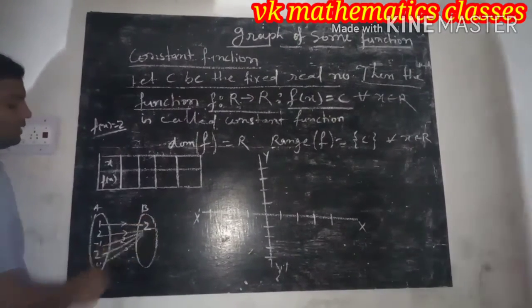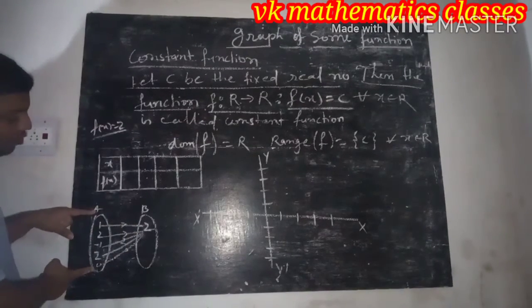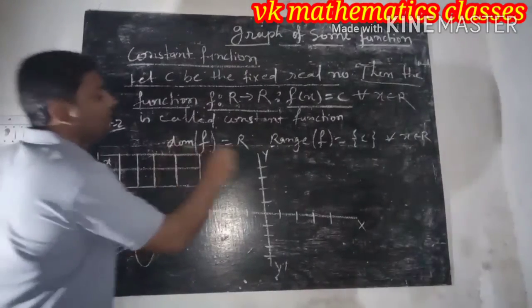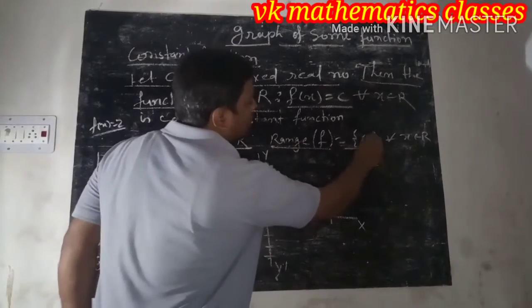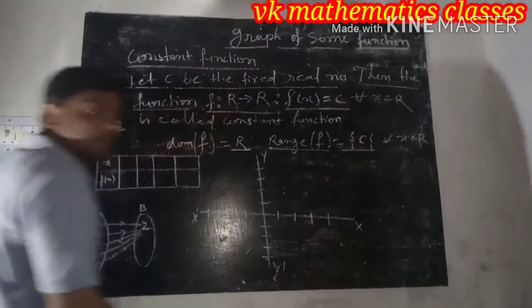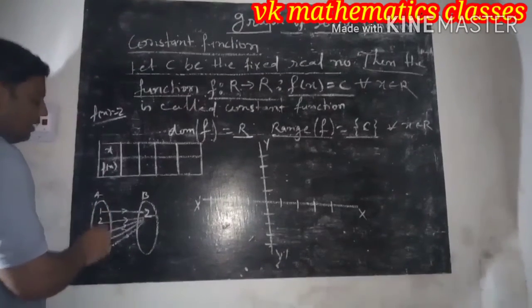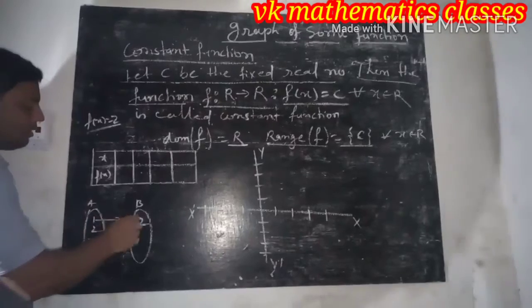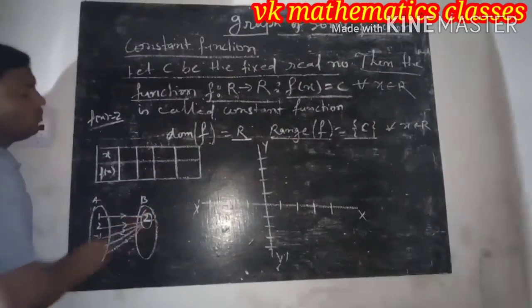So the range is 2 and the domain is any real number. So the domain of f is equal to R and the range of f is equal to the singleton {c}, as the mapping of any real number is c. Here c is taken as 2.